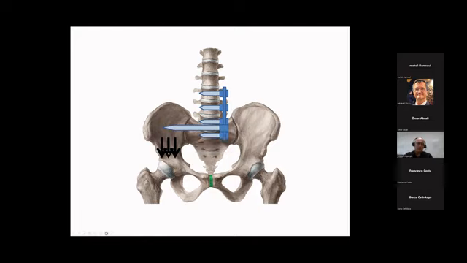This leads to asymmetric weight bearing of the joint space, and cartilage damage may be aggravated. If a patient previously has a mild degenerative hip disorder, it may progress after fusion. You should give information to the patient before a spinal fusion operation.